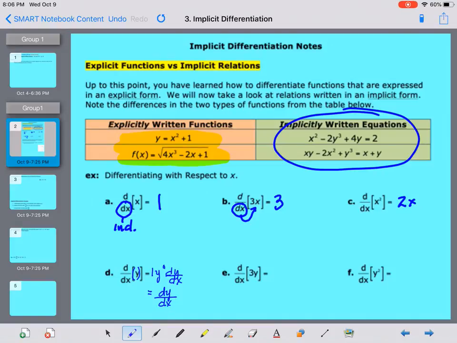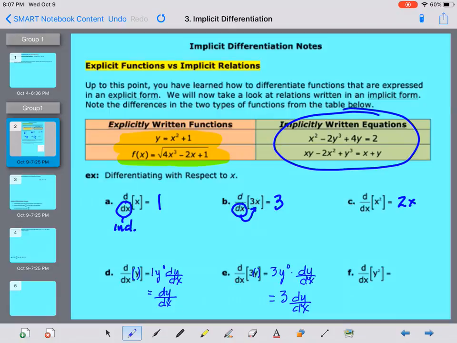If we look at e, it's kind of the same thing. If we think about our y as our inside function, our dependent variable, we wind up getting, again, 3y to the 0 power times the derivative of the inside, which we know to be dy dx. So it simply comes out to be 3 dy dx.